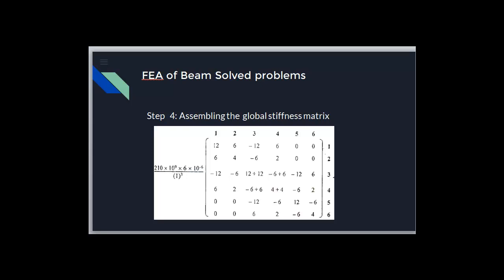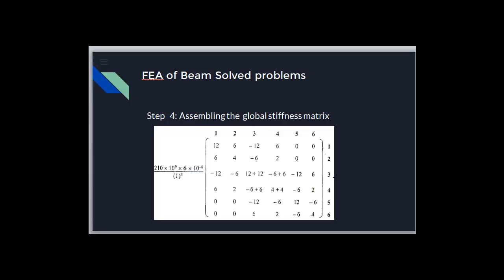The global stiffness matrix can be assembled in a similar fashion by arranging its nodal displacements and rotations, numbered 1, 2, 3, 4, 5 and 6, in a column. The corresponding stiffness matrix must be arranged by adding the stiffness matrices of element 1 and element 2 based on their locations 1 to 6.